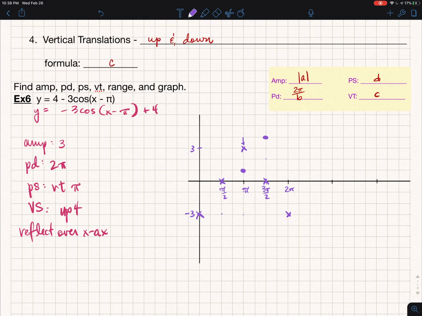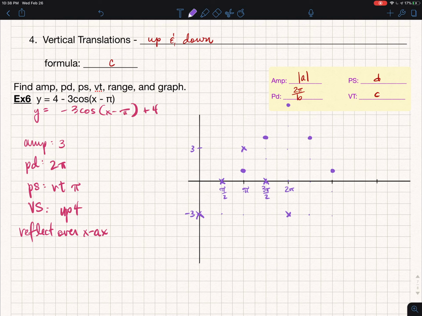Then to your maximum, go to the right 4, go up 4, that'll land you in the sticky note. And back to your x-axis, go to the right 4 and up 4. And lastly, back to your minimum. Go to the right 4 and up 4.